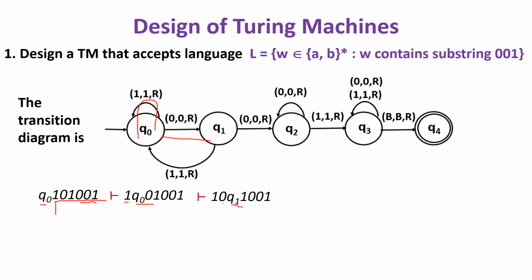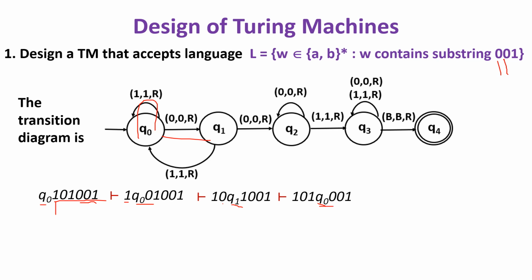Actually, after the first 0, we must get 0 itself, whereas here we got 1. So Q1 1 will go back to state Q0 and move towards the right. So the instantaneous description obtained is Q1 is changed to Q0, 1 is kept as it is and move towards the right, searching for the substring 001.